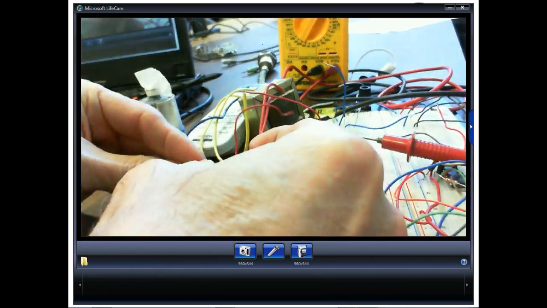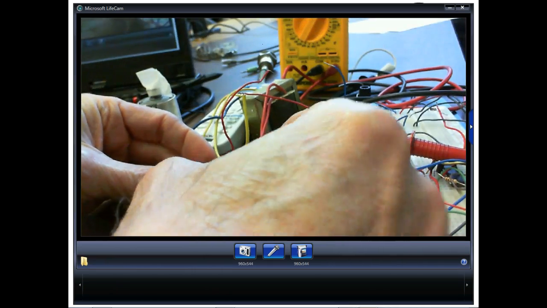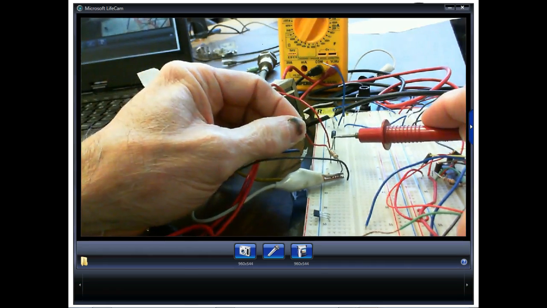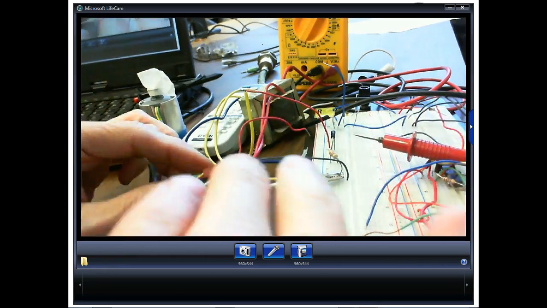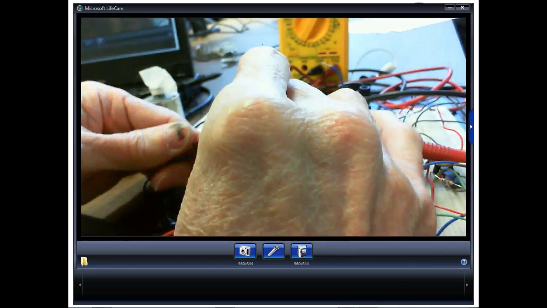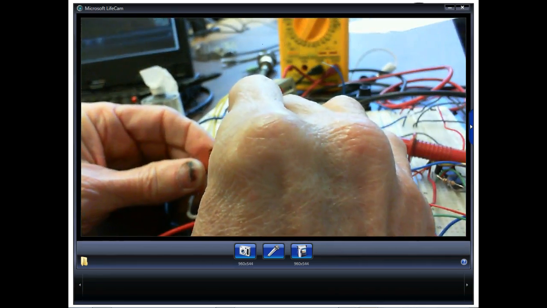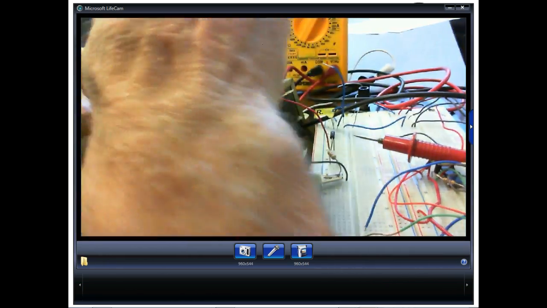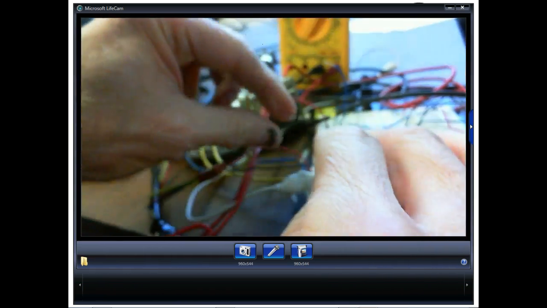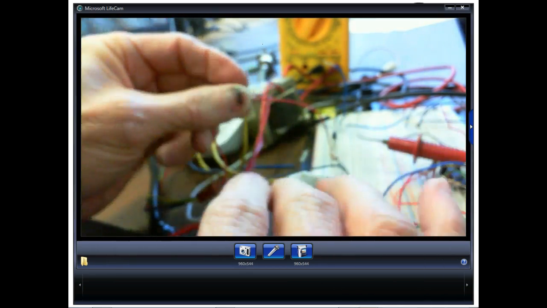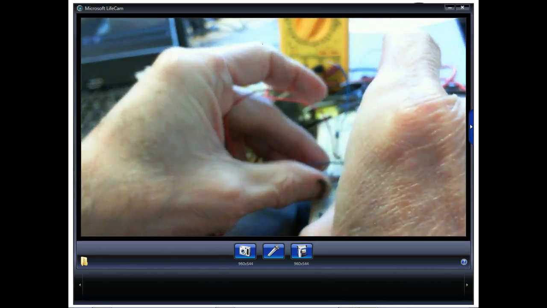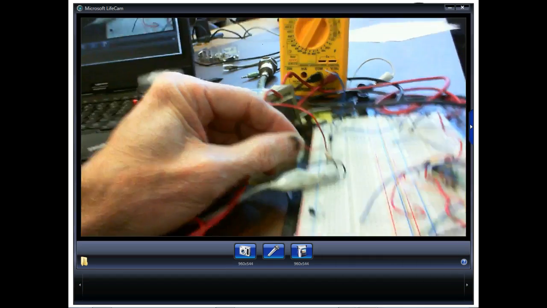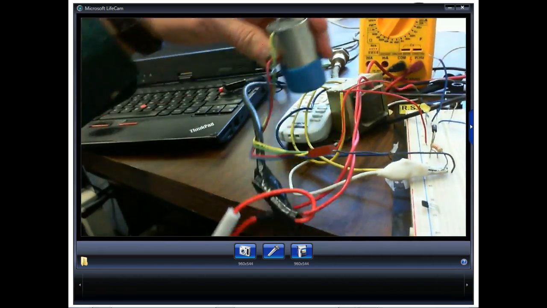And something happened. I think I even put AC on it. Oh, I know, it's not running. So there's the motor.